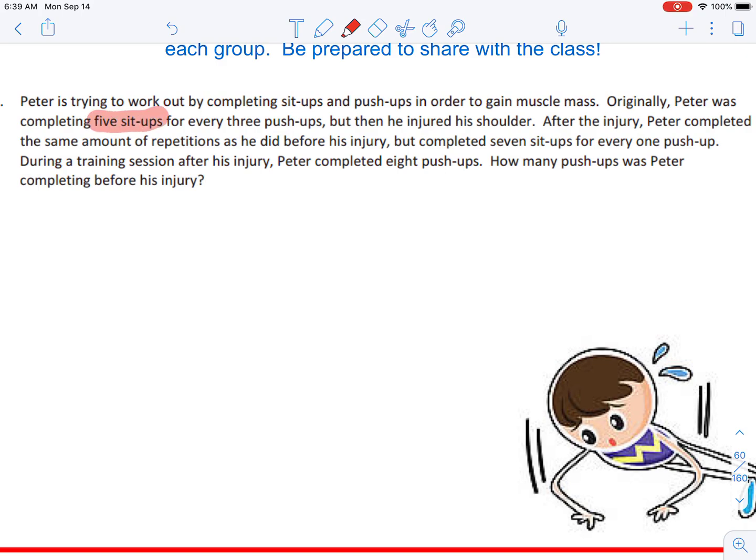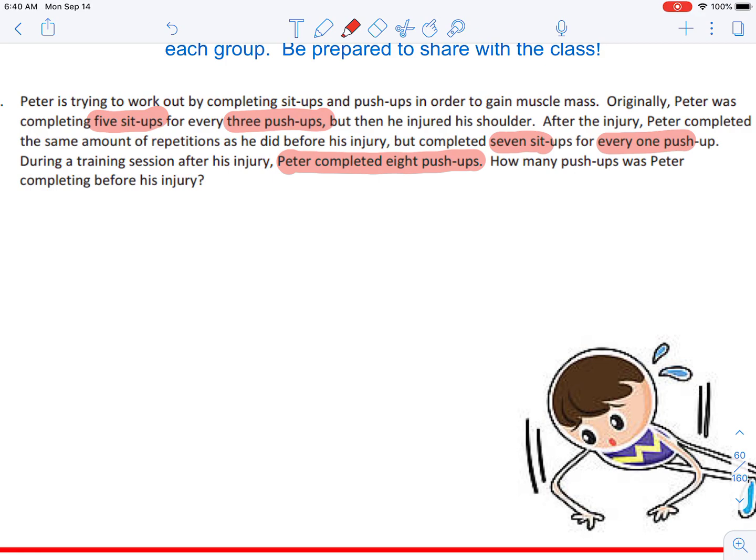After the injury, Peter completed the same amount of repetitions as he did before his injury, but completed 7 sit-ups for every 1 push-up. During a training session after his injury, Peter completed 8 push-ups. How many push-ups was Peter completing before his injury?